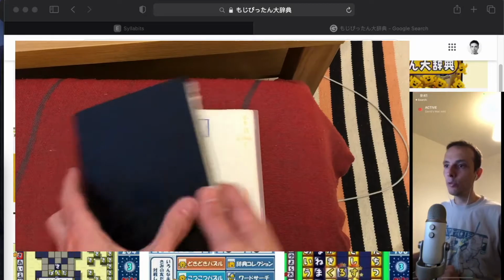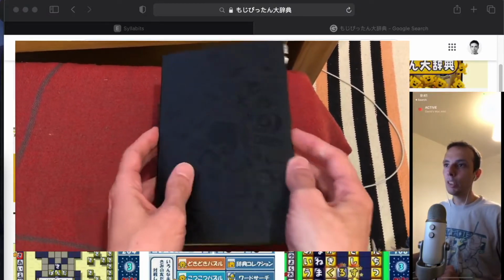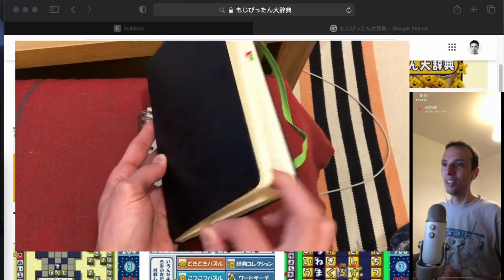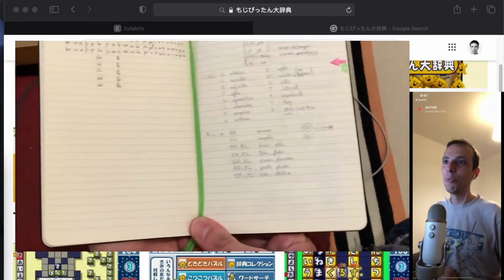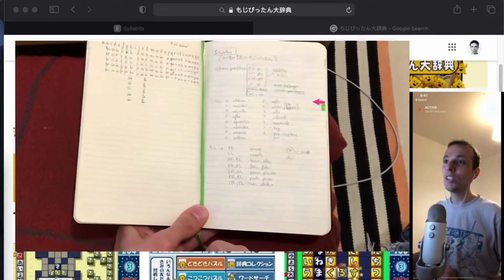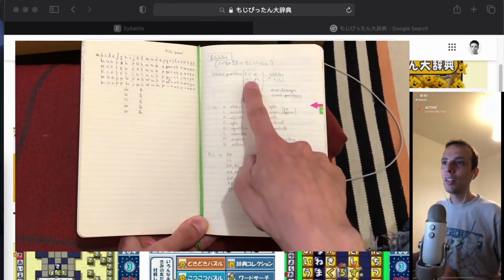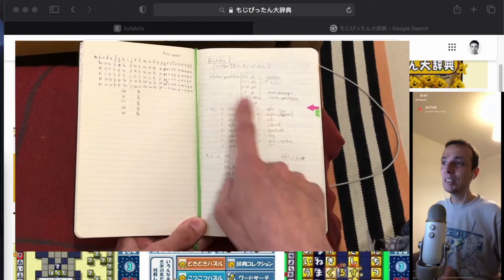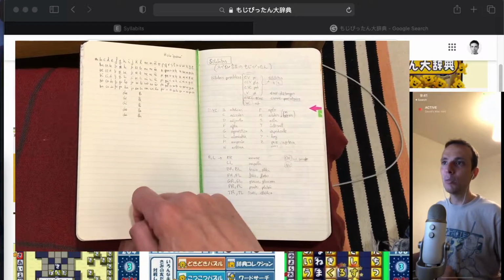I have some notes from that time, I changed my notebook to a Moleskine. So I wrote the combinations. The combinations in Spanish, there are many, not as many as in English, but for a syllable you can have consonant, vowel, consonant, consonant, vowel, consonant, vowel, consonant, blah blah.